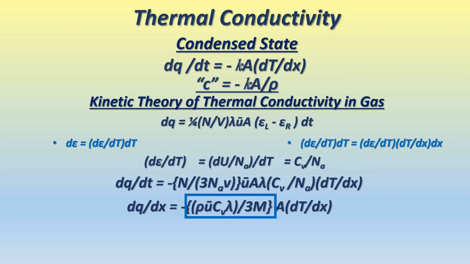Where your constant, your thermal conductivity, is the density of the gas, the velocity of the gas, the heat capacity of the gas, its mean free path, divided by 3 times its molecular weight, noting that all of these particular terms are specific to any given gas, which is what makes this an intrinsic constant.